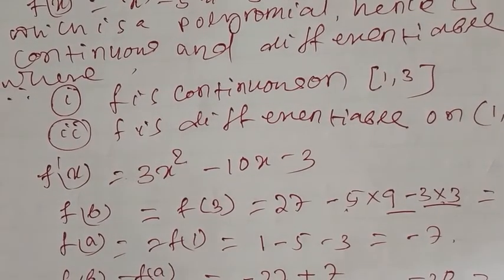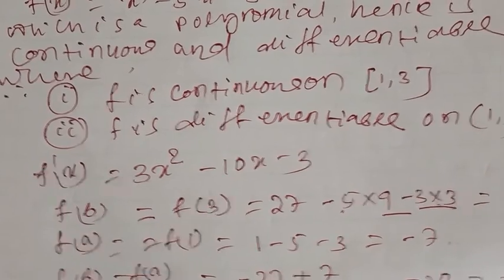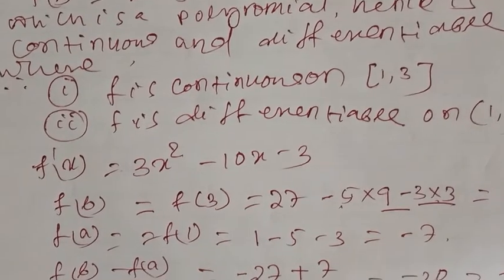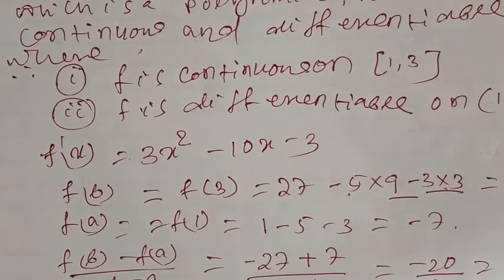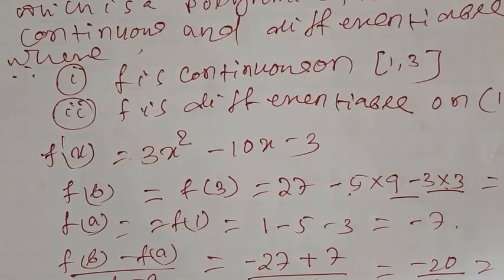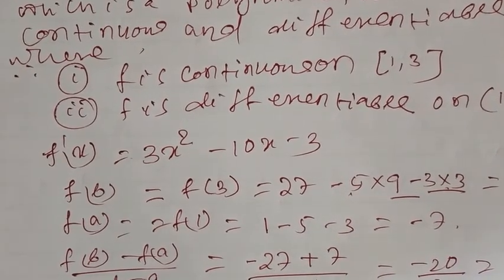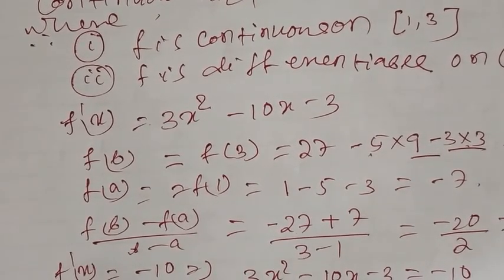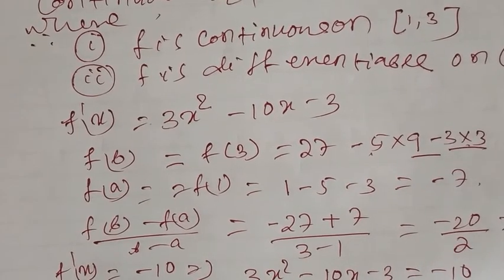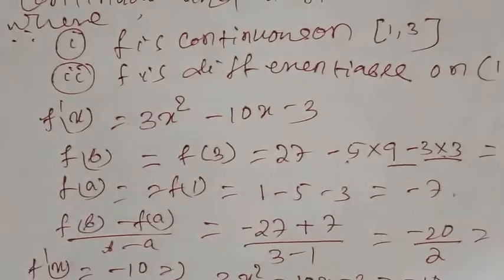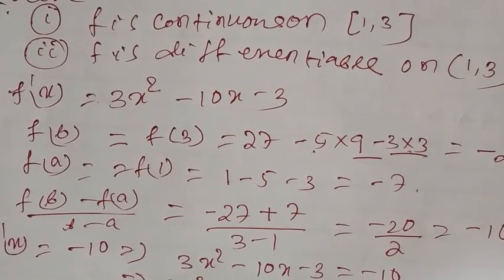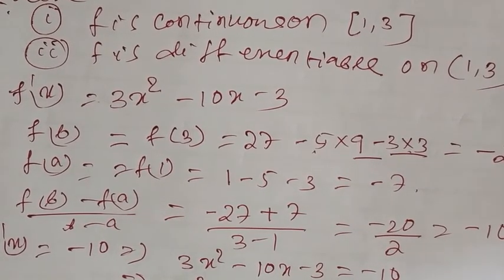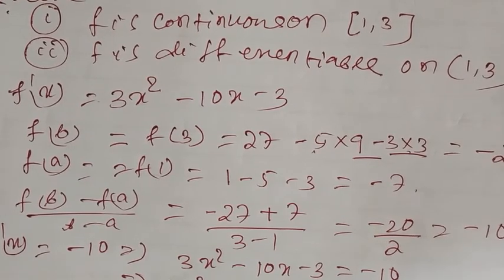Now, f dash x equal to minus 10 gives me 3x square minus 10x minus 3 equal to minus 10. This gives me 3x square minus 10x plus 7 equal to 0. So this gives me 3x square minus 7x minus 3x plus 7 equal to 0. Taking x common, x into 3x minus 7, minus 1 common, 3x minus 7 equal to 0.